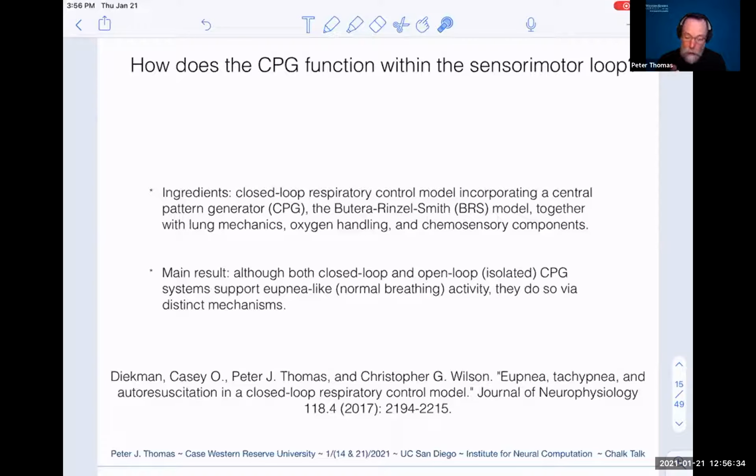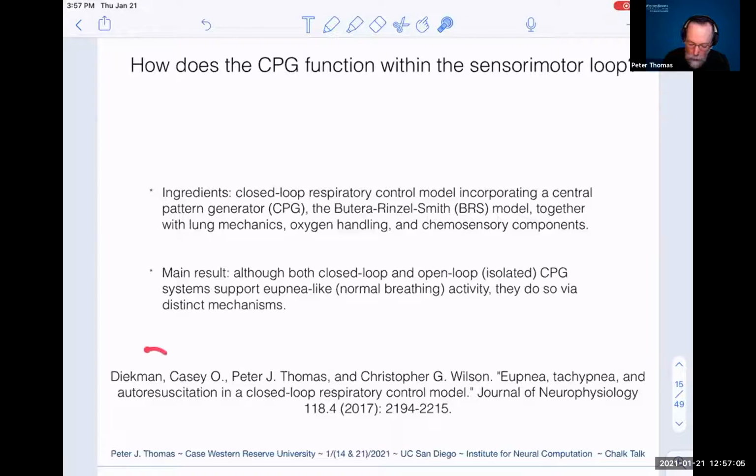And we can look at the closed loop model where we also have the sensory feedback. And it turns out that for this relatively simple system that we have, you can show without any real doubt that the fundamental mechanism that generates the oscillation is different in the two cases. It's a different underlying kind of bifurcation, and the sensitivity, if you change different parameters, is different in the two cases. And I'll take you through some of the logic of that.